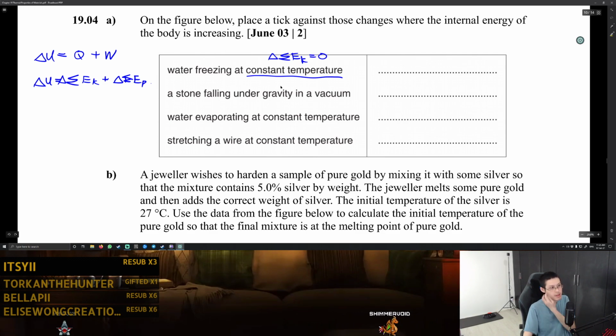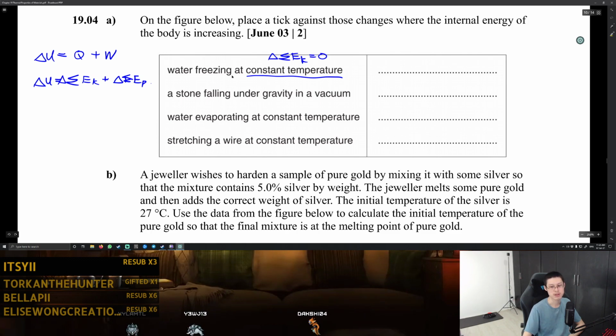So if the change in temperature is 0, that means this thing is 0. And water freezing means the average separation between the particles changes.